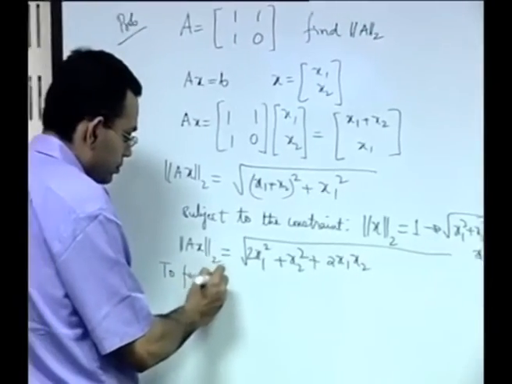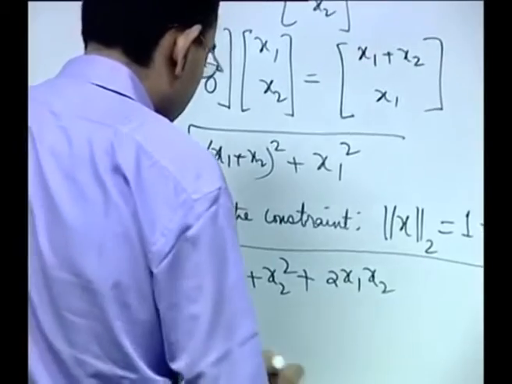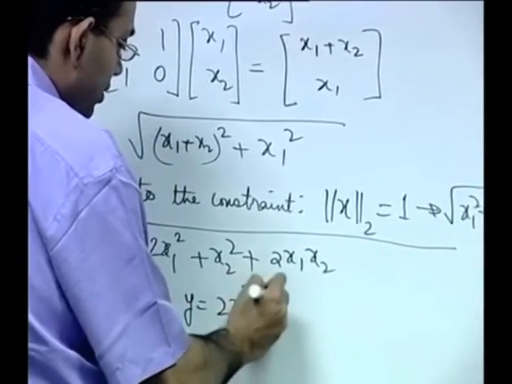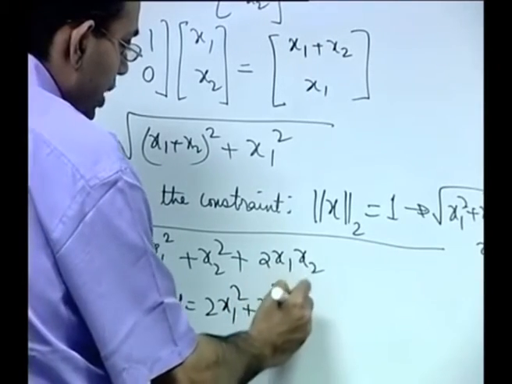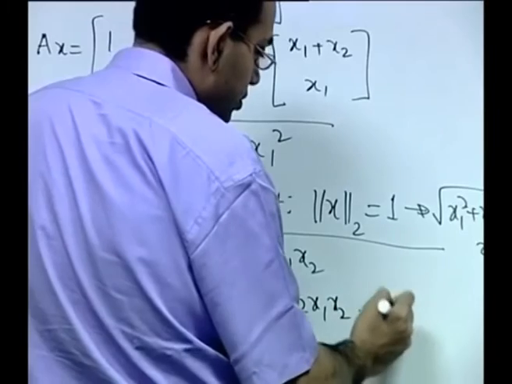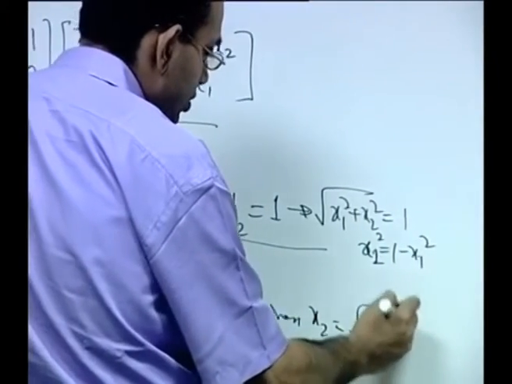So, effectively we have to find out the max of, say, y equal to 2 x1 square plus x2 square plus 2 x1 x2, given x2 is square root of 1 minus x1 square.